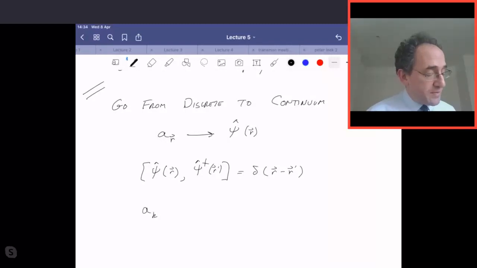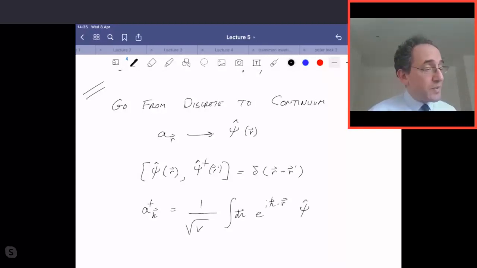Okay, we can still write an expression for the plane wave operators. This is now going to be 1 over the square root of the volume of the system, integral over all space, e to the i k dot r, and then psi dagger of r.